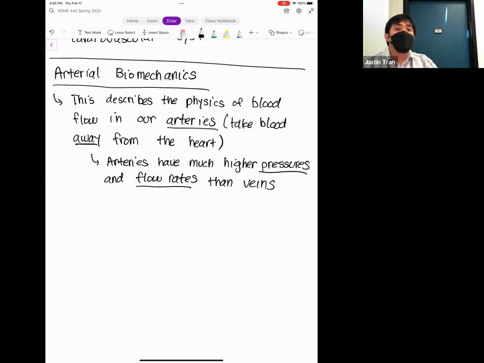Remember, your veins are the blood vessels that bring the blood back to your heart. Another important characteristic of arterial blood flow is that it is much more pulsatile.